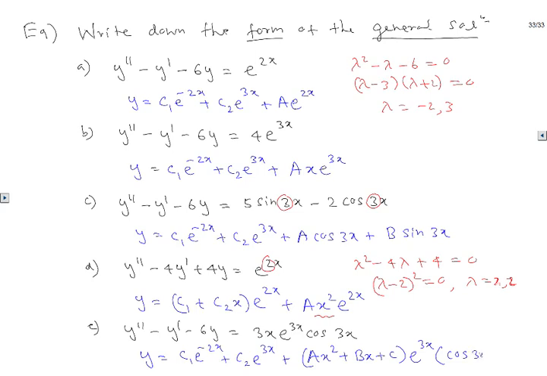So 3x, I don't write for cosine, but I write for sine. You just pick one. Good. So that means you only need 4 unknowns for this problem, just 4 unknowns. That is how the general solution looks like.